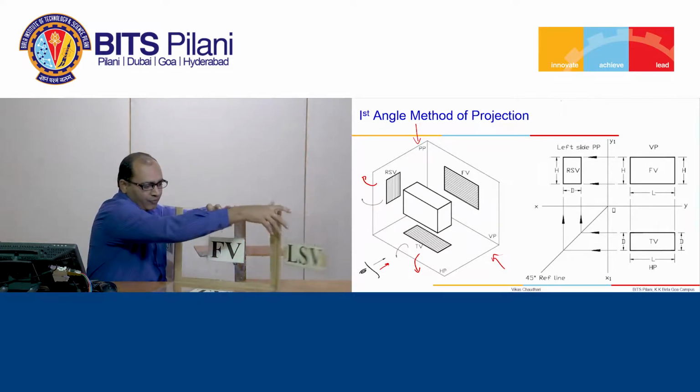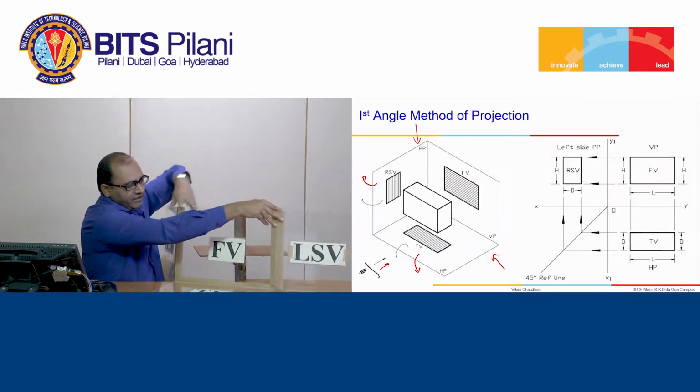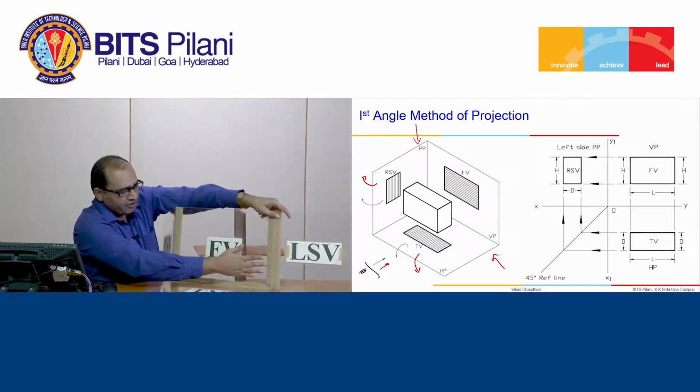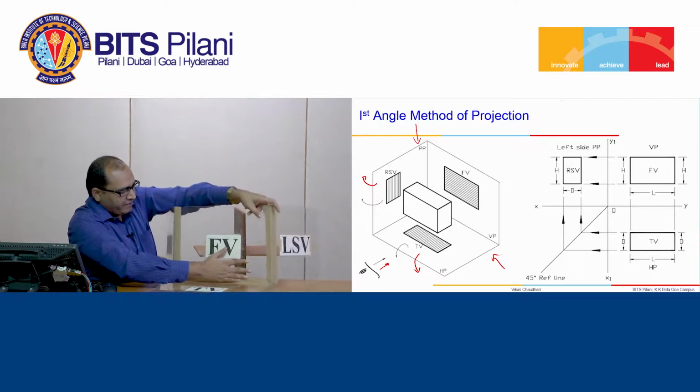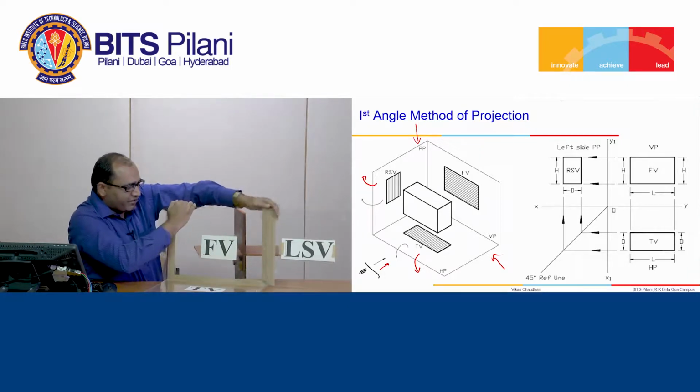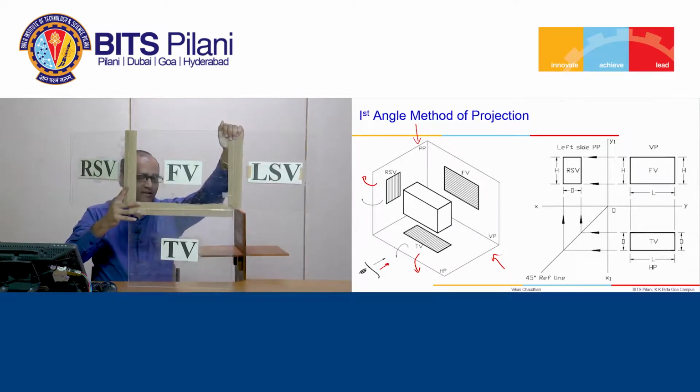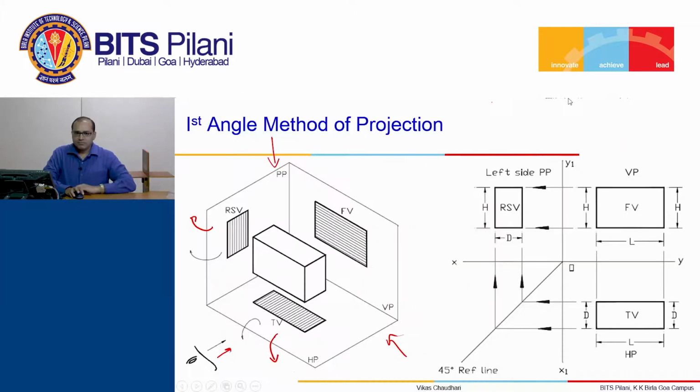So profile plane is rotated such way that the quadrant is open, and at the same time horizontal plane is rotated, so you can see the top view. So in first angle method of projections, we have front view, exactly below front view you have top view, and right side view will appear left hand side of the front view. If you see the left side view, it will appear right side of the front view.